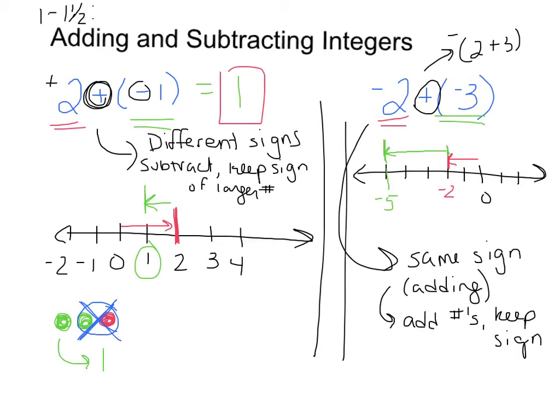So in this case, I have 2 minus 1, which would give me 1. Since 2 is larger than 1, the 2 is positive, my answer will be positive as well.